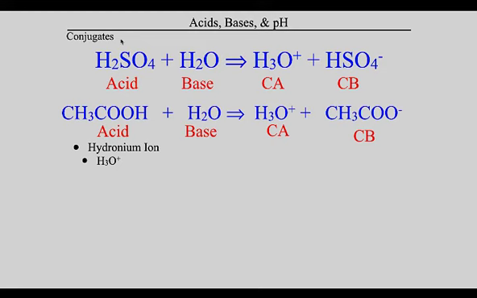Because when you put an acid in water, what the acid does is turn water into hydronium ion, and it's the hydronium ion that's the active ingredient in acids. So this is so important because this is always formed when acid is added to water, and in order for something to be an acid, it has to be added to water. So hydronium ion is like the active ingredient in acids.